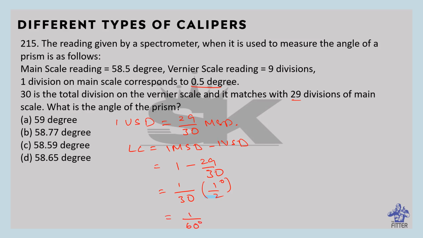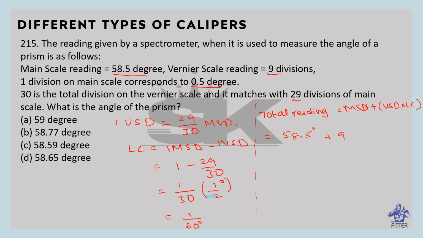Total reading equals to MSR plus VSR into least count, right? So here, what is the main scale reading given? Main scale reading is 58.5 degrees, plus the vernier scale reading is 9 divisions.